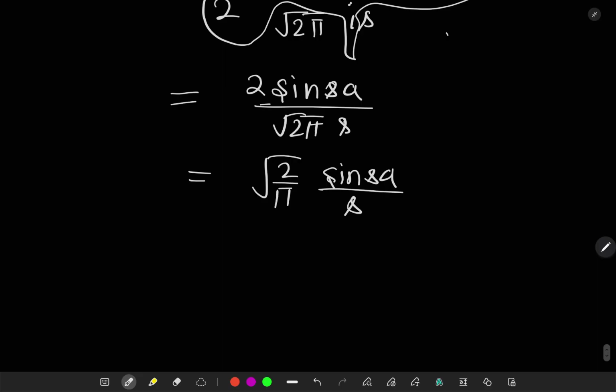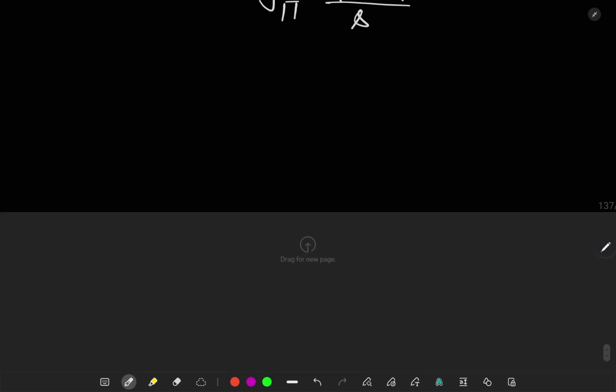Let's do a question on Fourier sine and cosine transformation. In this question we need to find the Fourier sine transformation and the cosine Fourier transformation also.